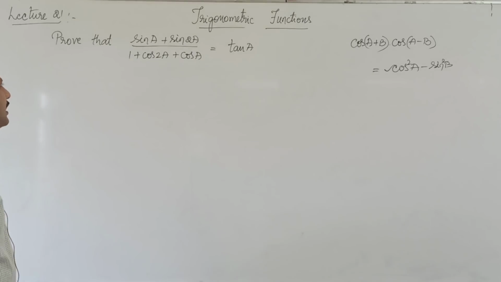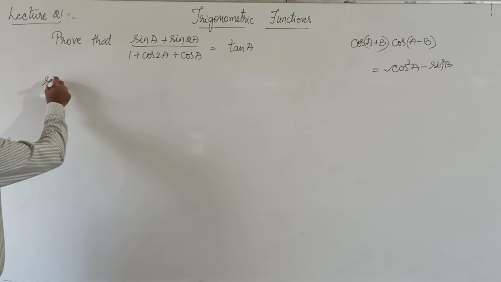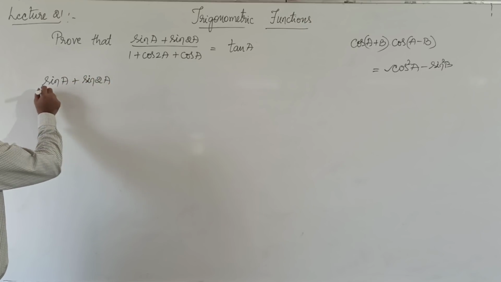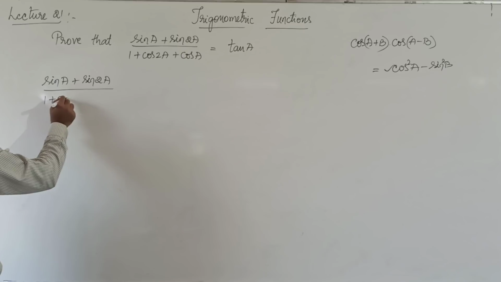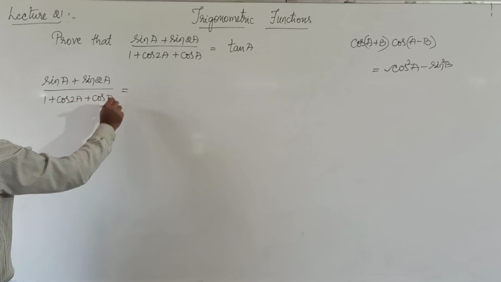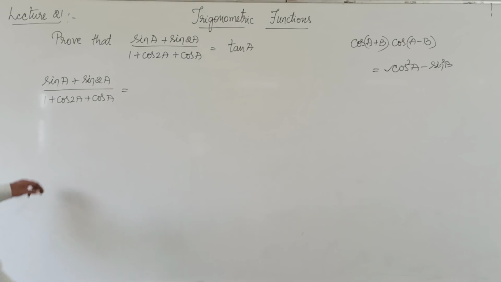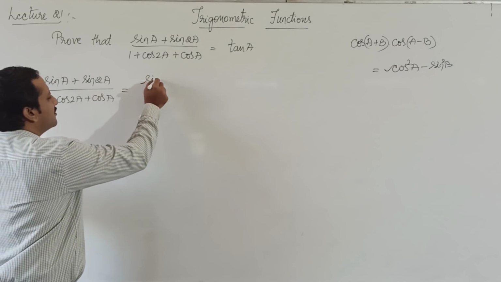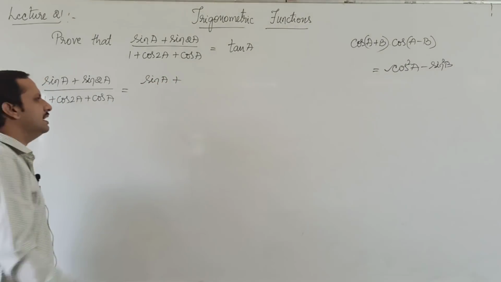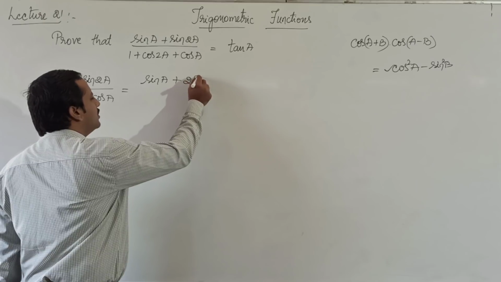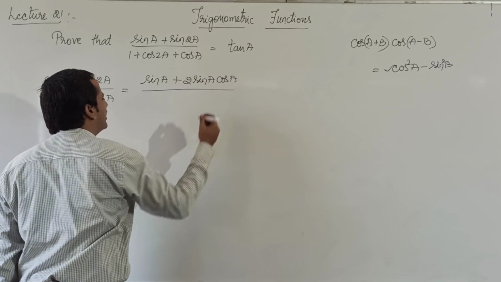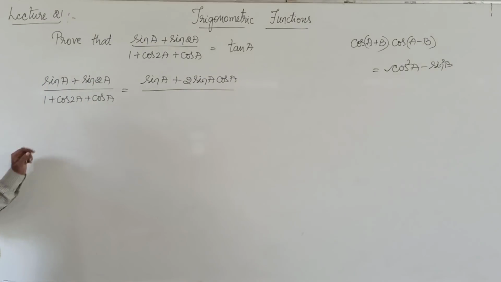Okay, I will take this LHS, sin a plus sin 2a divided by 1 plus cos 2a plus cos a, that's equal to sin a I will keep it as it is, sin 2a I will write as 2 sin a cos a, right, divided by 1 plus cos 2a.